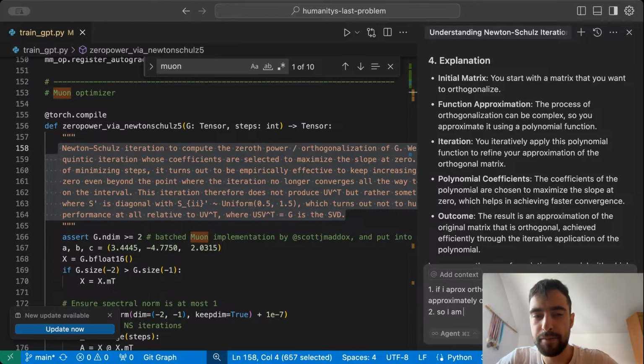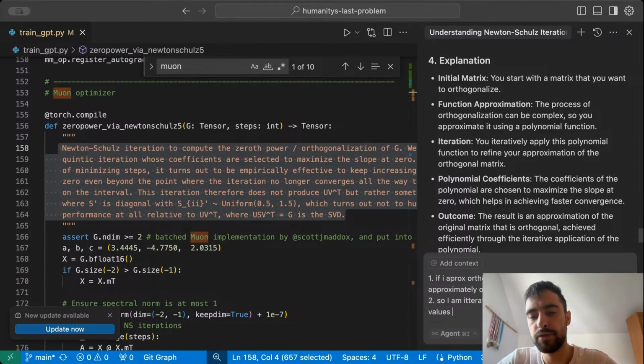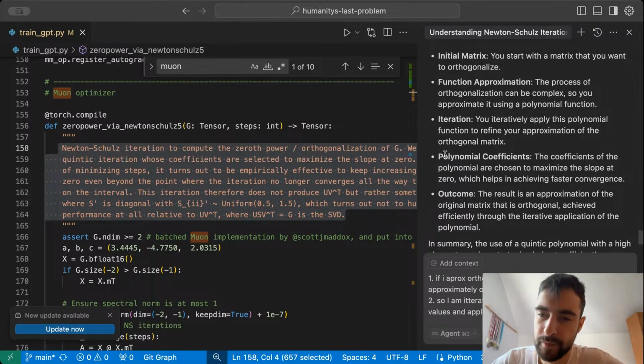So I am iteratively discovering both the approximation polynomial values and applying it to the matrix, both iteratively.